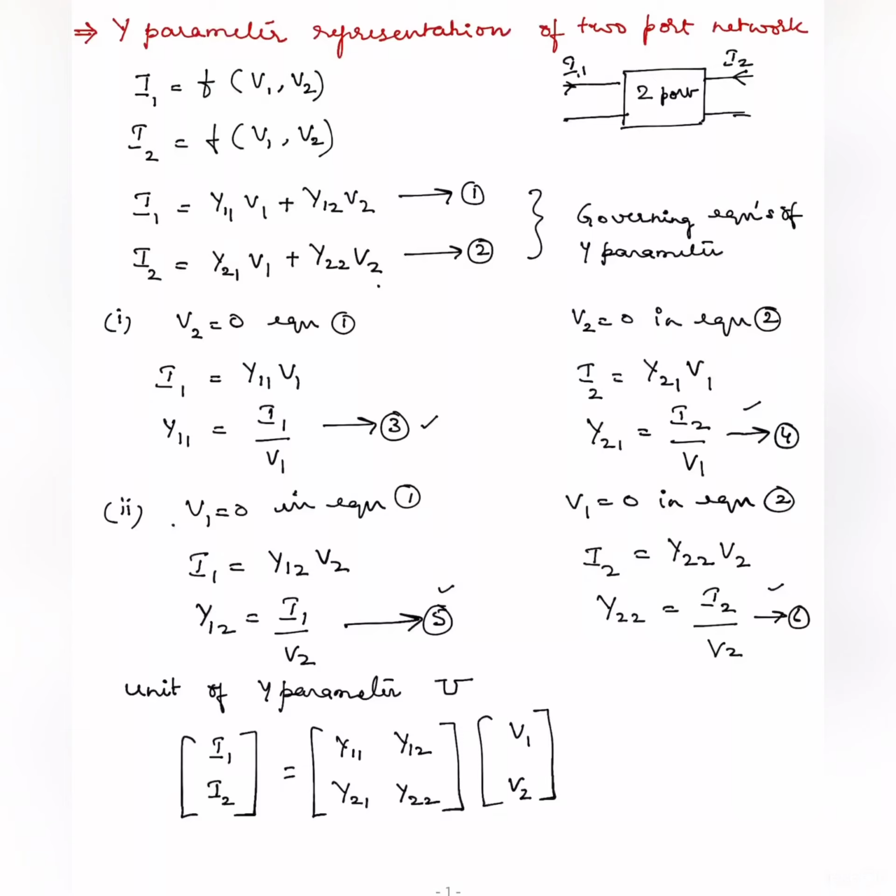The same way we had represented Z parameter, wherein you had V on the left side and I on the right side. So if you have any doubt regarding this matrix convention, please go back and check my video on Z parameter representation of two-port network. So this is the matrix representation of Y parameters.